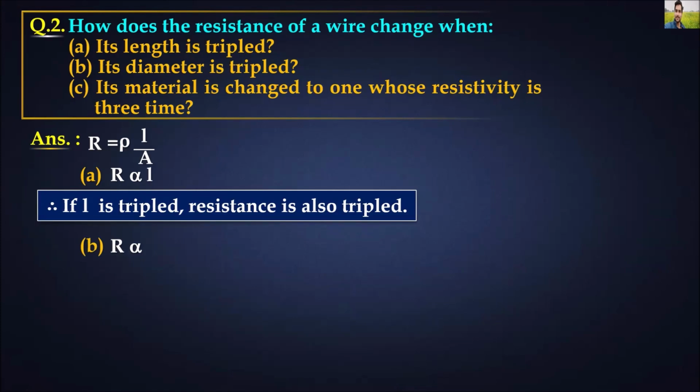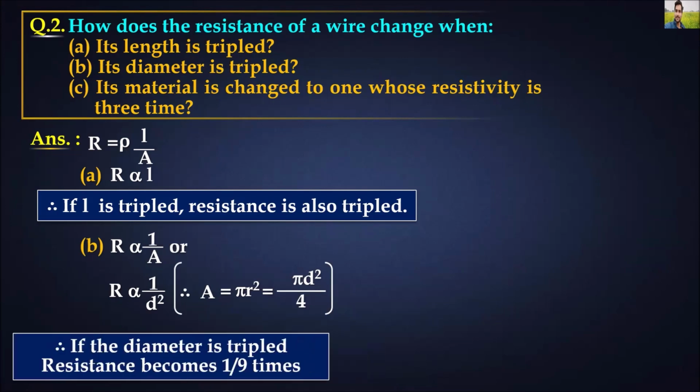Now let's understand B part. We know resistance is inversely proportional to area, or else we can say resistance is inversely proportional to the square of its diameter, right? Because area is pi r square and r is nothing but d upon 2. So more or less, we can say resistance is inversely proportional to diameter square.